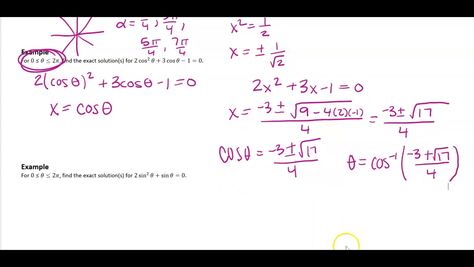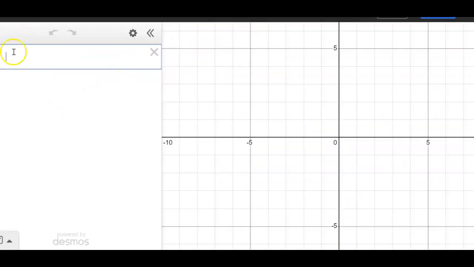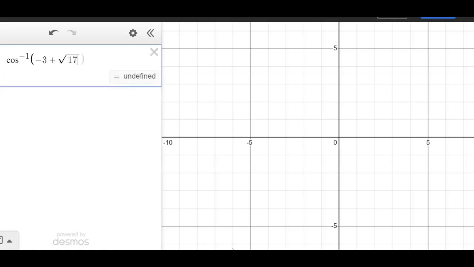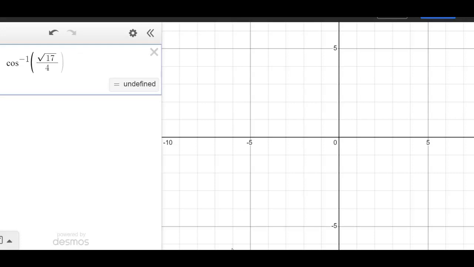And I'm going to use Desmos. There we go.